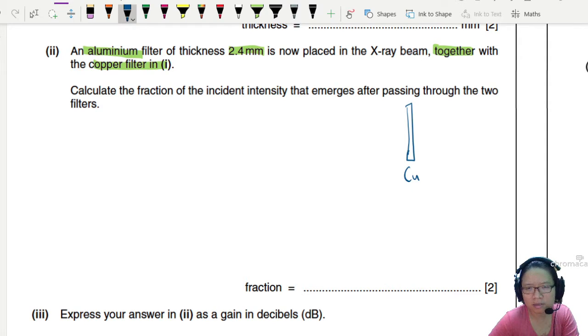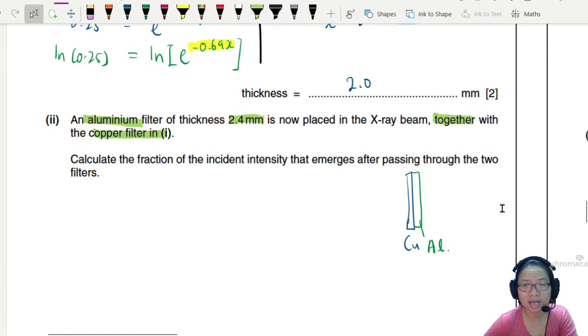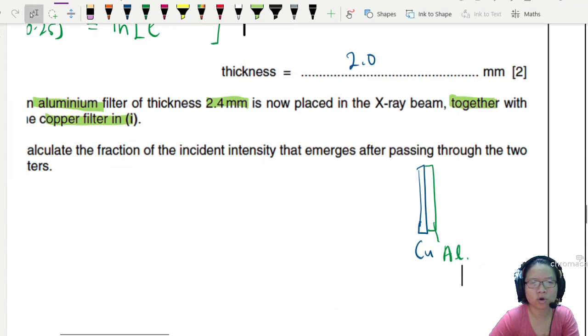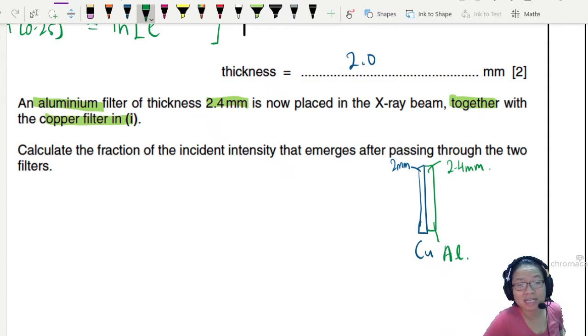We have the copper Cu filter, and then at the back we will have another aluminium filter, Al. The thickness is different: the thickness for copper is 2 mm, which we calculated already, and this one is 2.4 mm.